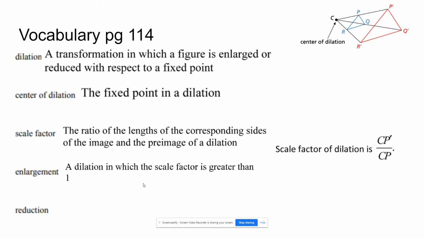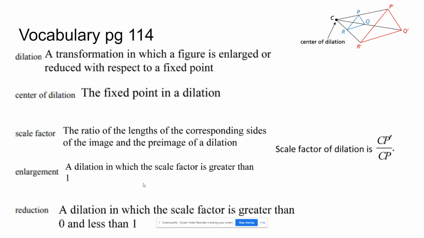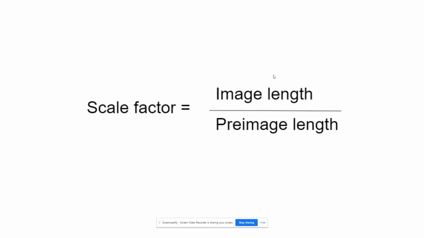In order to tell if you have an enlargement or a reduction, if your figure gets bigger, it means the scale factor is greater than 1, so you have an enlargement. And if your figure gets smaller and your scale factor is a number between 0 and 1, so less than 1, it is a reduction. Okay? So keep in mind the scale factor. To find that, we can take an image length and divide it by a pre-image length that it corresponds to.